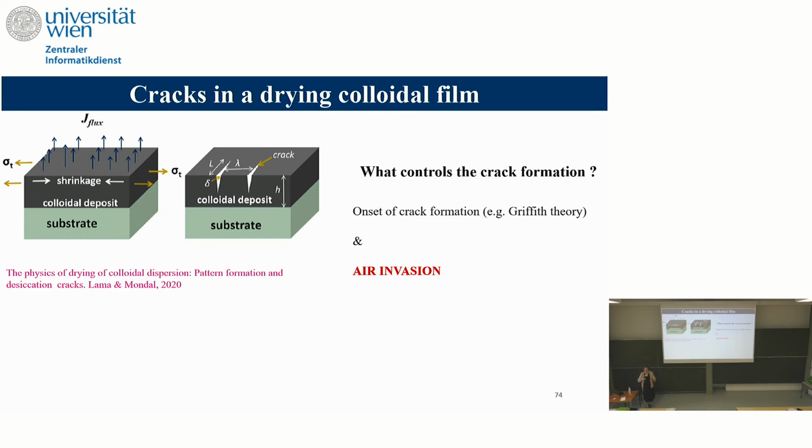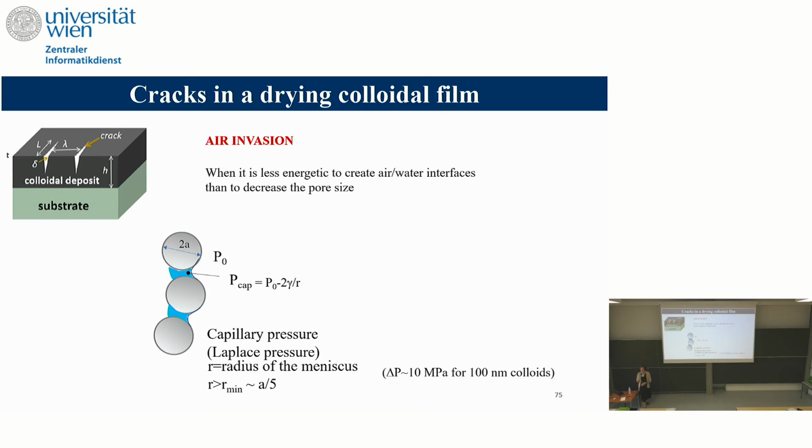But then you have something else to take into account: air invasion. If you open a crack in a material, you have air coming in. And it's not easy to have air coming in, because in a colloidal system your particles are not wetted anymore. So you have air here, and here you have a capillary bridge. And you have a pressure drop, which is huge because this is small.